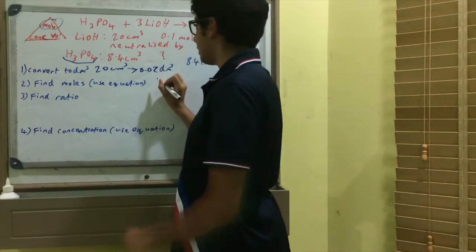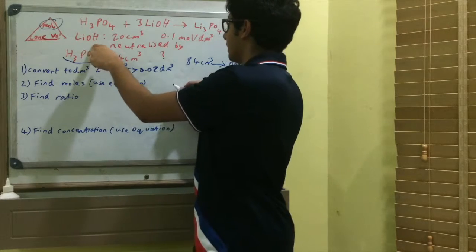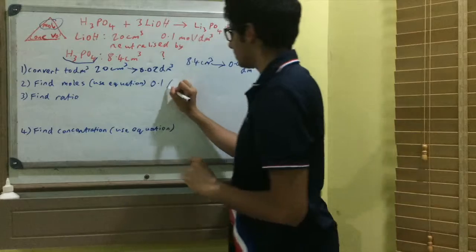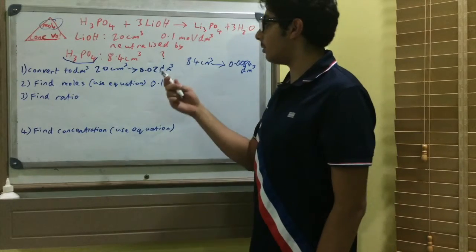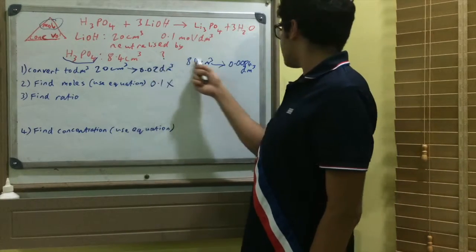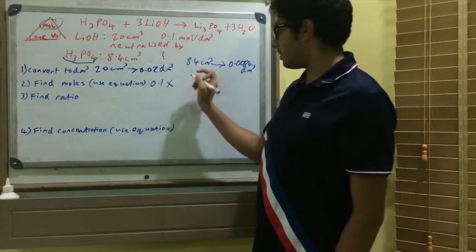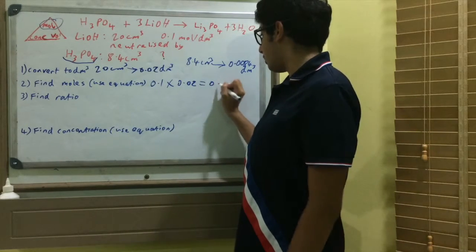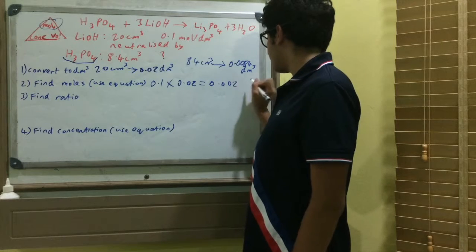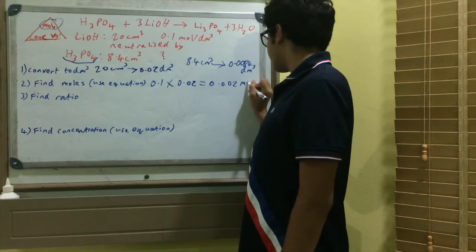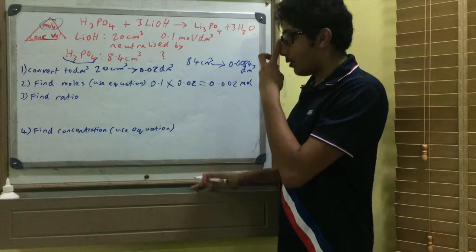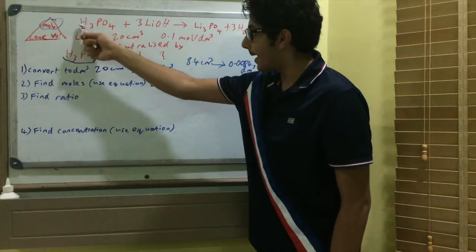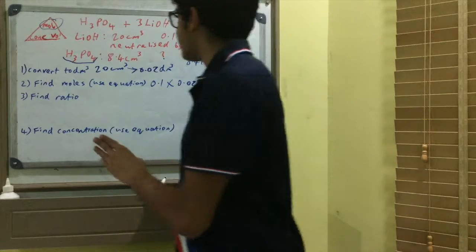So, concentration of lithium hydroxide, 0.1 moles per decimeters cubed, multiplied by the volume, which we know is 0.02 decimeters cubed. And that's going to give you 0.002 moles.